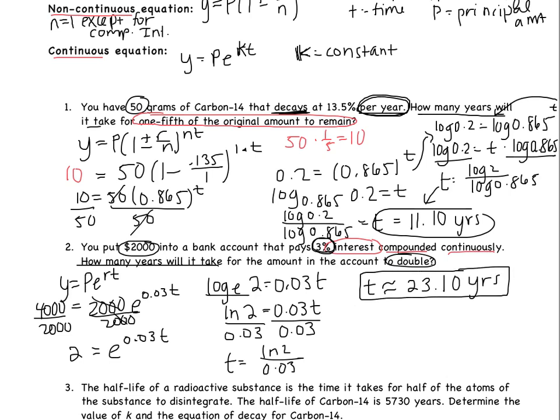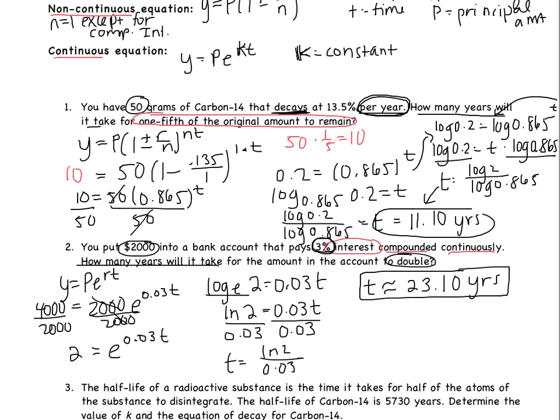So it would take about 23 years for my money to double. It's always a good thing to ask, does my answer make sense? Does an answer of 23 years make sense? Yes. So in other words, you shouldn't get a negative, you shouldn't get a very small number.